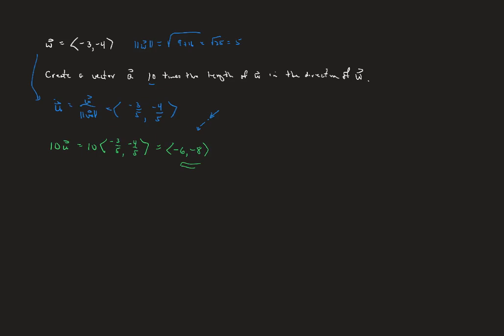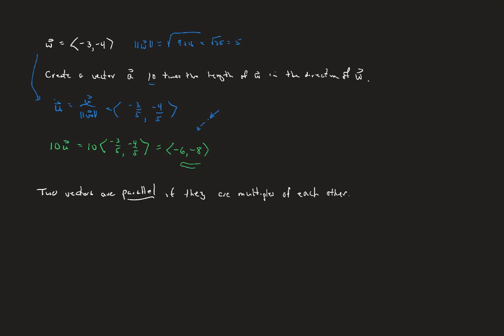All right, let's talk about another idea. We say that 2 vectors are parallel. So this is a new idea. 2 vectors are parallel if they are multiples of each other. So the way we get 2 vectors to be parallel is if they're multiples of each other.